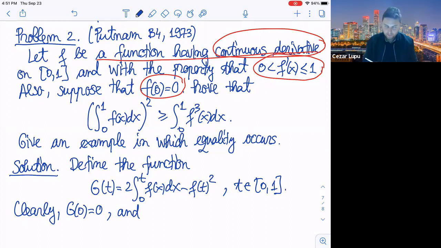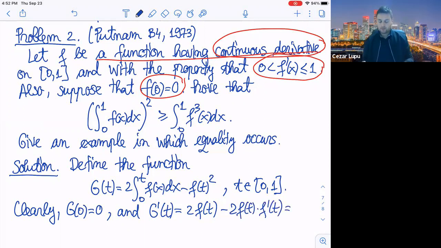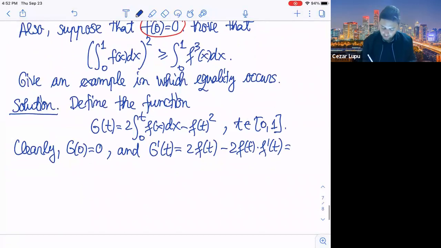The derivative g prime of t is 2 f of t minus 2 f of t f prime of t. We can factor this: it is equal to 2 f of t times 1 minus f prime of t.